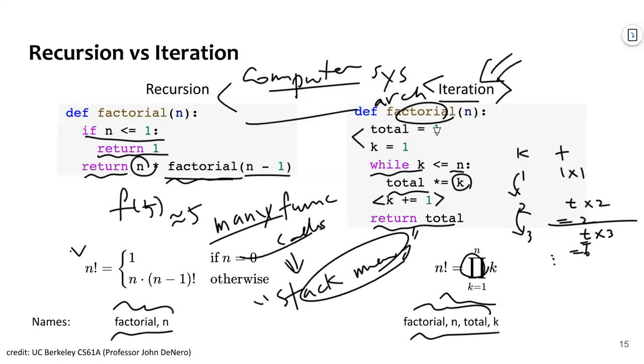However, if the problem is quite simple and it does not involve many function calls, then people prefer recursion. So according to your application, you need to choose whether you are going to take the approach of recursion or iteration. All right. So that is another difference between recursion and iteration. If you can't understand this concept, don't worry about it. When you go to computer systems and computer architecture classes, they will teach the same thing.